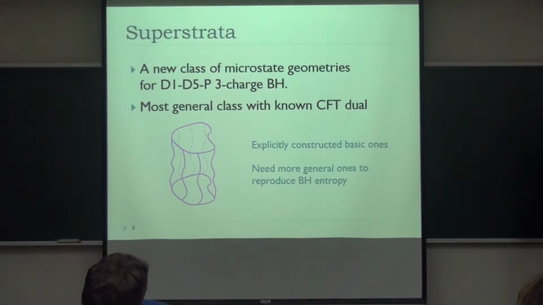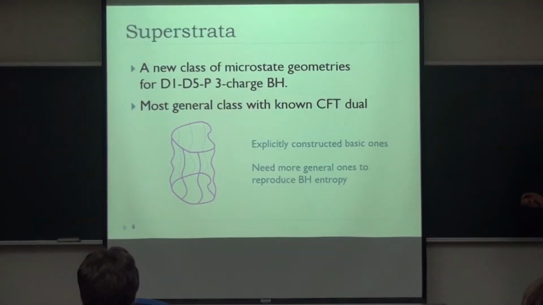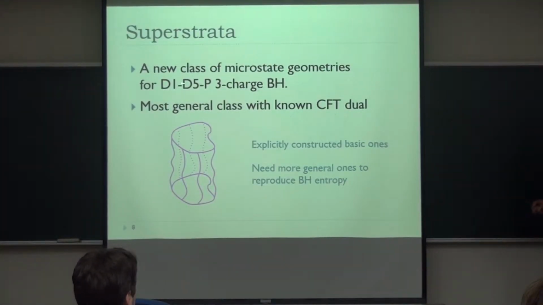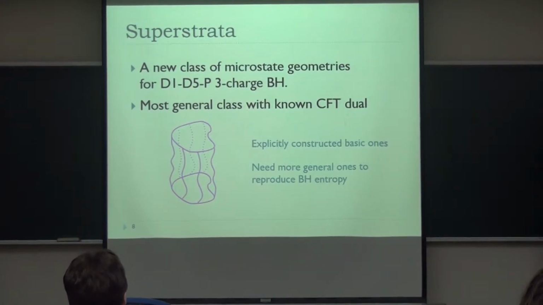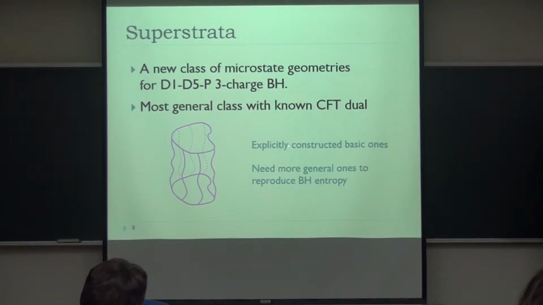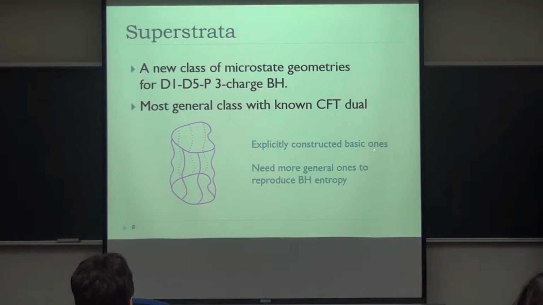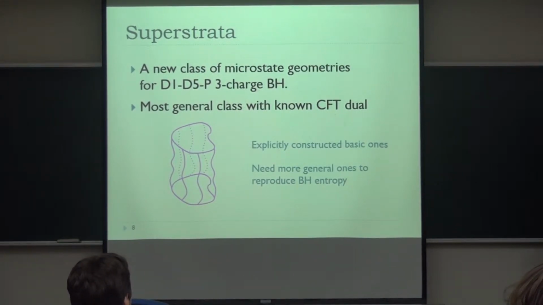Okay, and what is the Superstrata thing that I also mentioned? This is a new class of microstate geometries for some particular three-charge black hole, and this is the most general class ever known with a known CFT dual. This is nice, and we have explicitly constructed basic superstrata solutions, but this is not enough, and it does not reproduce the entropy yet.